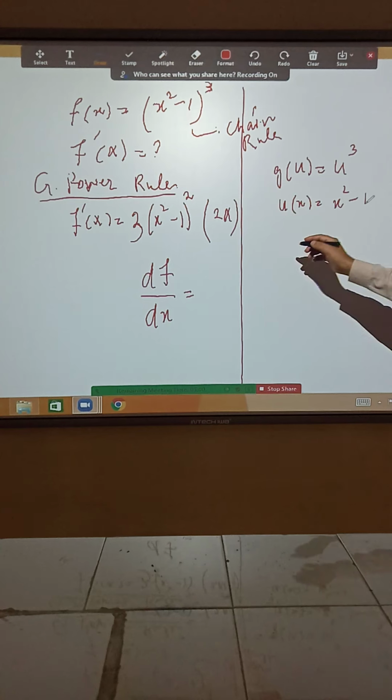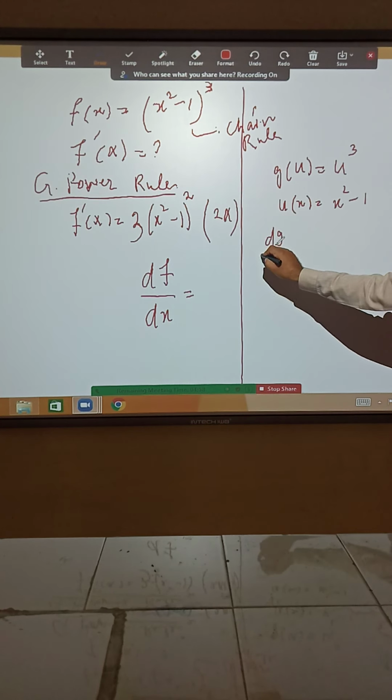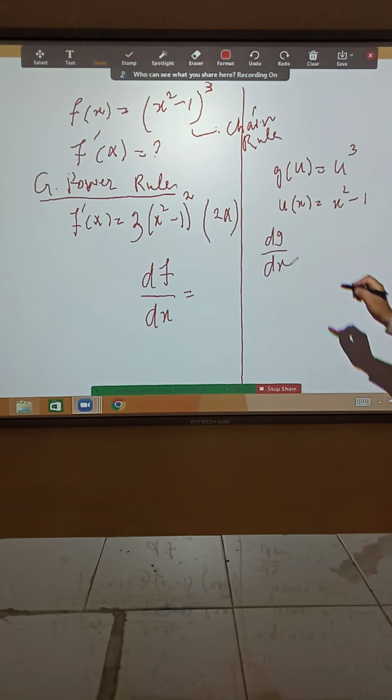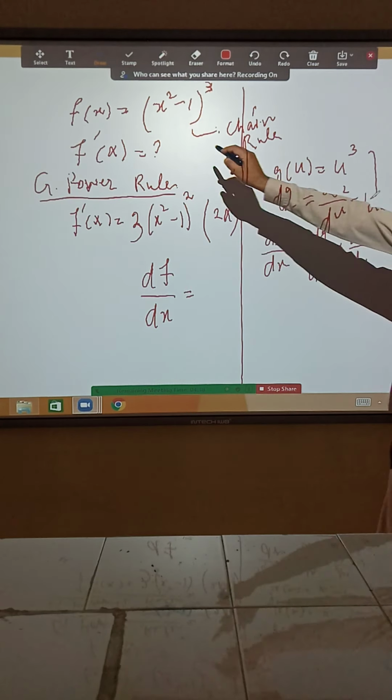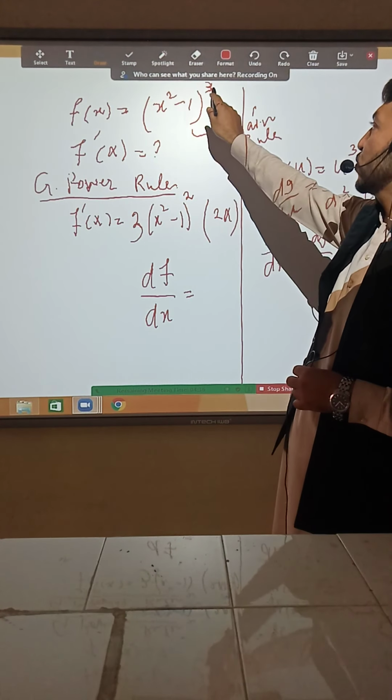So if you want to find out the derivative of g with respect to x, so first of all you need to differentiate g with respect to u and then u with respect to x, because you clearly see that the function g is dependent on u and u is dependent on x. That is the composition of this function f of x is equal to x square minus 1 whole cube.